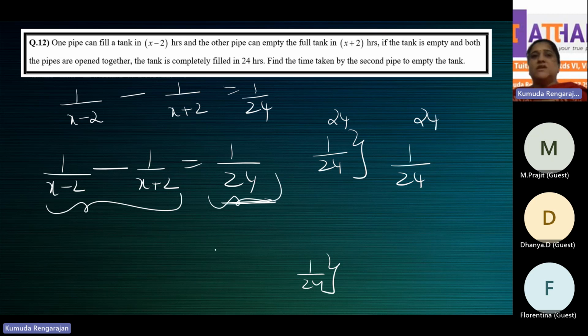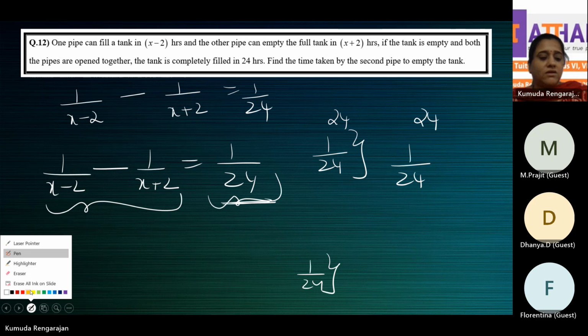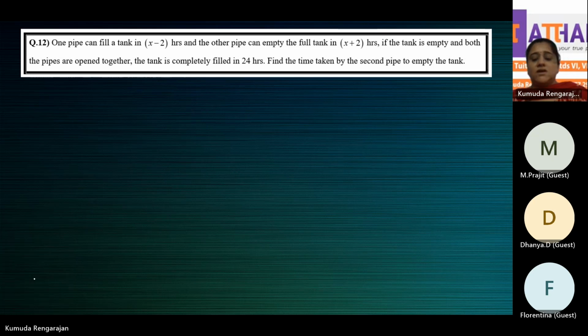So both are equal, because both are representing the 2 pipes' 1 hour's work. This is the equation. I have to write down the question, children, but I want to tell you again. Write down the question. We'll do it again and then you can start working.